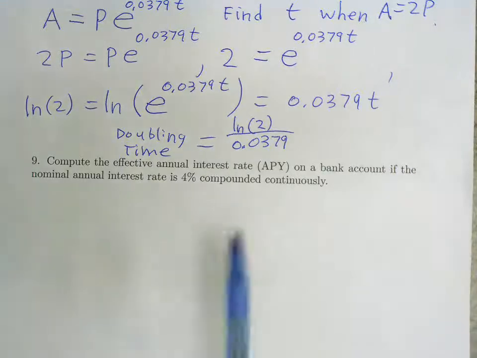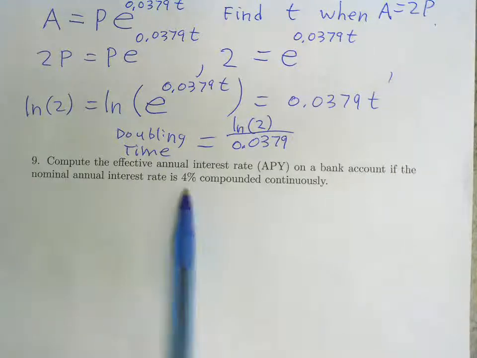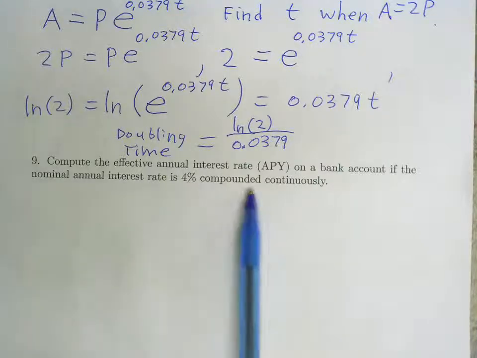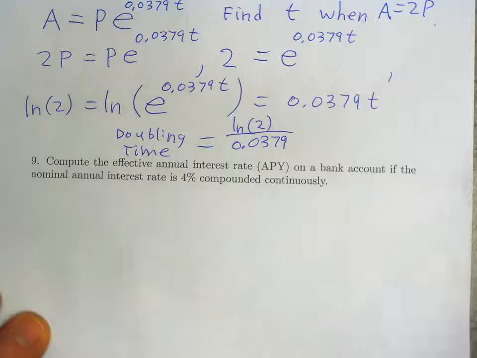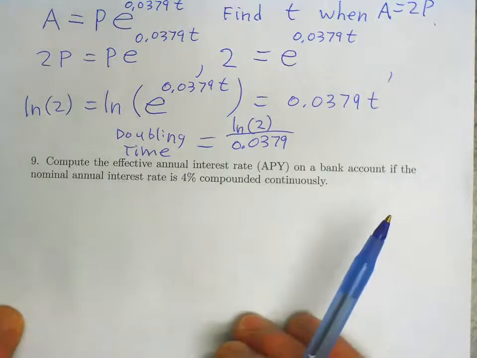Okay, so the idea is if you're told that your account is earning interest at 4% per year compounded continuously, you're actually making more than 4% per year because of the compound interest. You're earning interest on interest while the year is still underway. So that is called the effective annual interest rate.